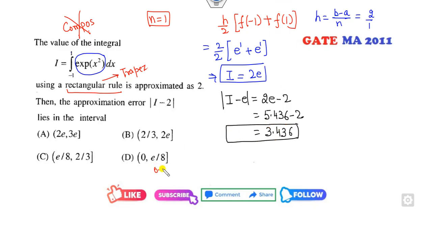This number is 0 point something, so it is cancelled out. This is 0.66, but we need a 3 point something, so it does not lie there. 2e is 5.4 something, and this is 7 point something, so it does not lie there. This is 0.66, it is 5.43, so 3 point something lies in between them, which is the right answer of this problem.